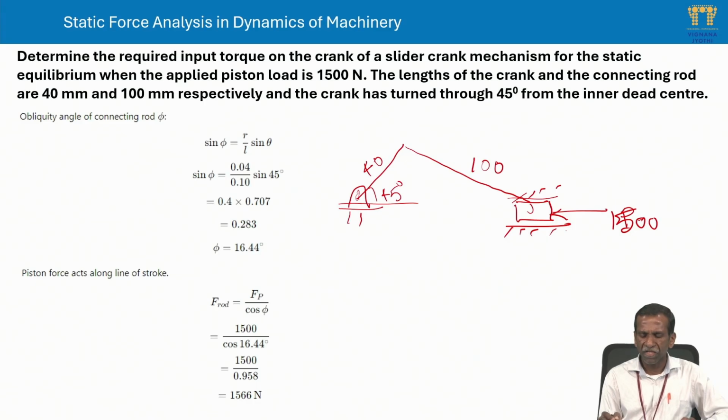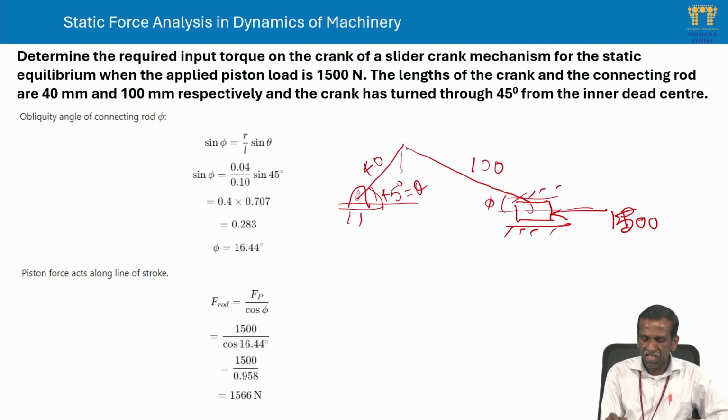Let us say the angle made by the crank with the center line, theta, is given as 45 degrees, and the angle made by the connecting rod with the line of stroke or center line is, let us say, phi. Once you draw the configuration diagram based on the given input specifications, you can directly measure this angle phi. Otherwise, you can use the relation sin phi equal to r by L sin theta.